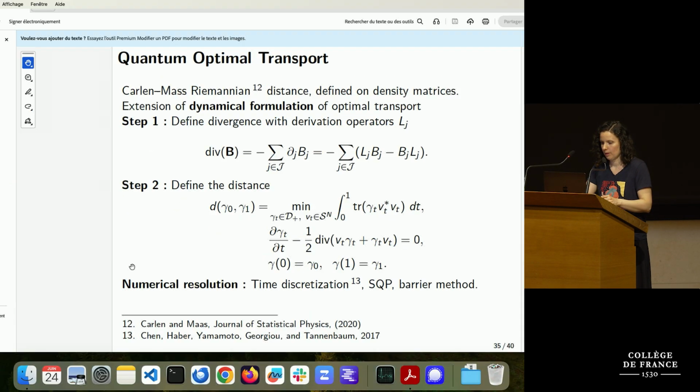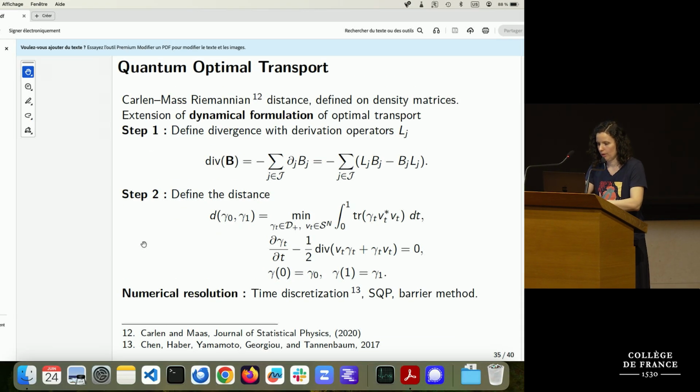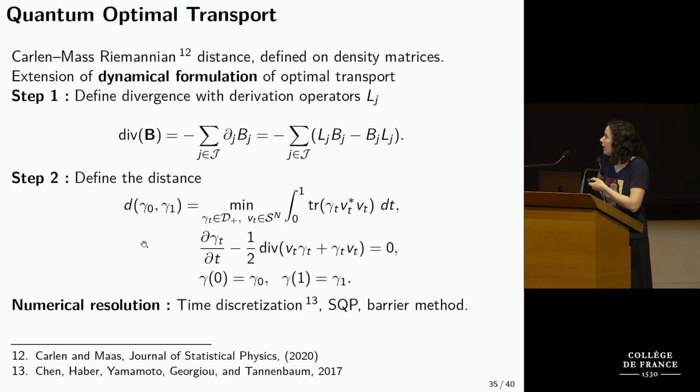Okay, and so what is nice about this distance is that if we manage to compute it, since we have computed the full curves of rho t, the full curves of density matrices, actually we have the whole geodesic already. So this is pretty nice to see how the barycenters look like in the case where we have only two density matrices.